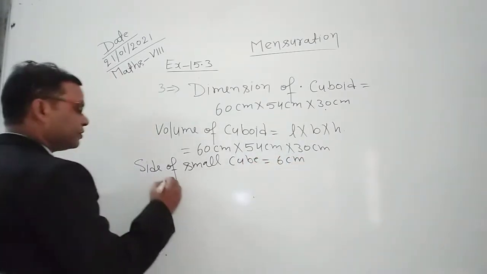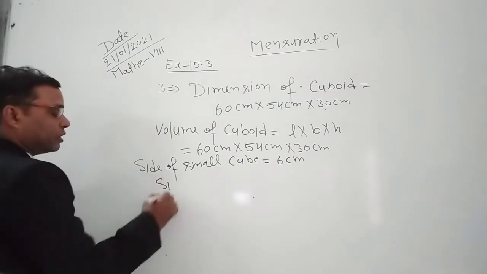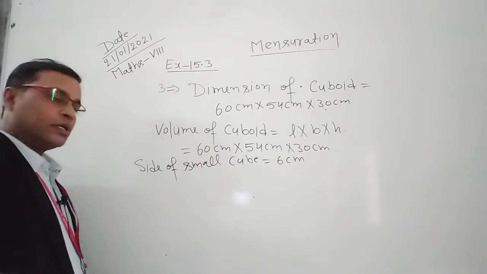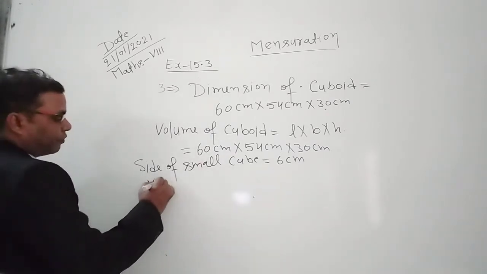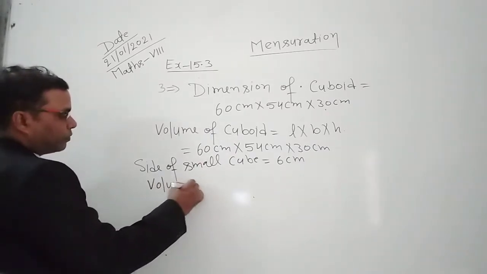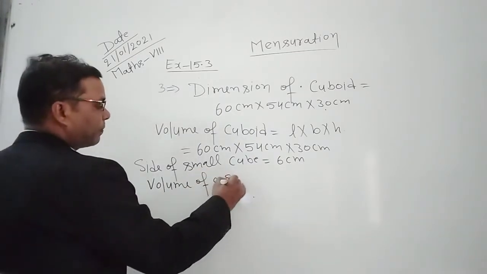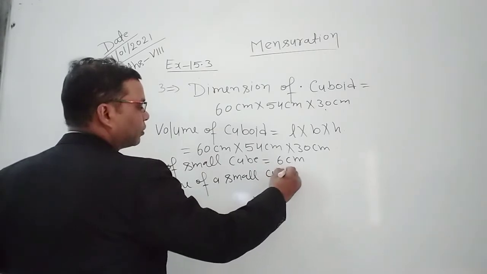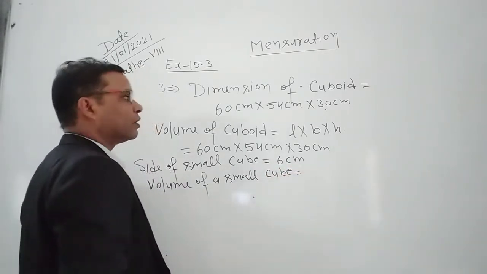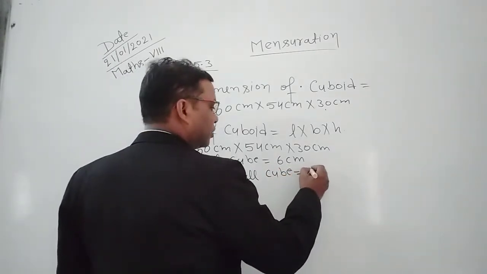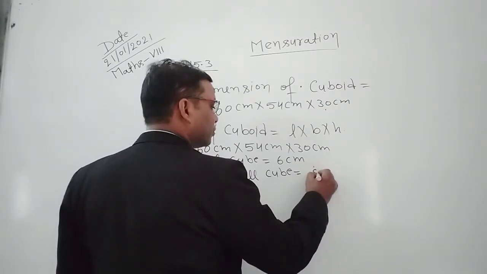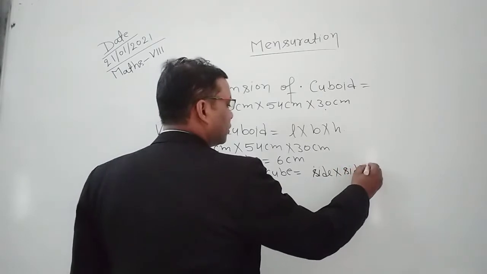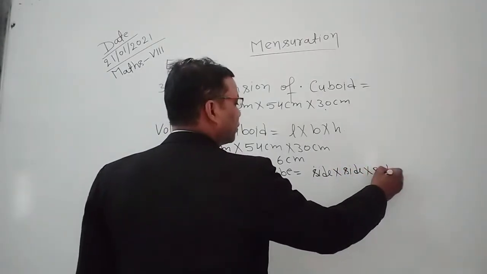So we need to find the volume of a small cube. This is equal to what? We know very well, the volume of a small cube is equal to side into side into side.